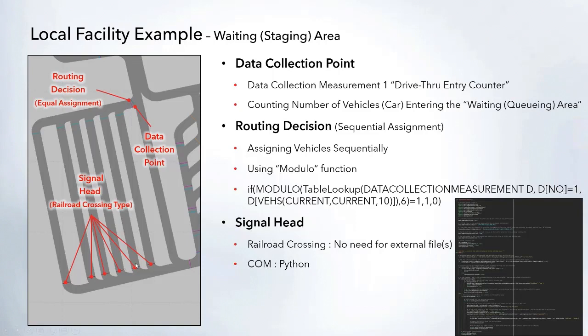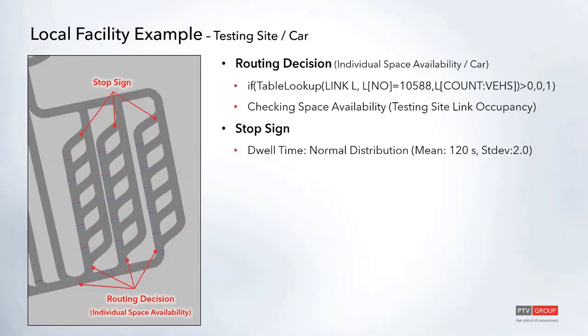Essentially what happens is once the vehicles have cleared this main link and gotten to the secondary testing area, the signal head will then be turned on and allow the vehicles to go to that secondary area. And those vehicles will be serviced based on the order that they entered the waiting area.